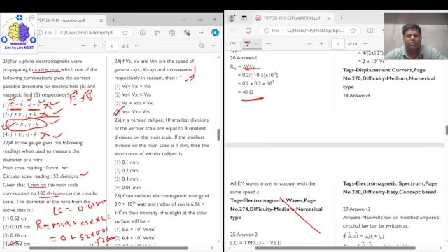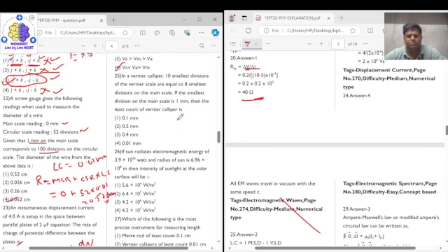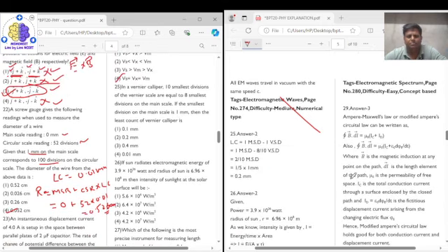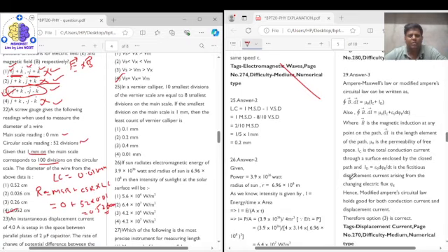Now coming to question number 25: in a vernier caliper, 10 smallest divisions of the vernier scale are equal to 8 smallest divisions of the main scale. If the smallest division of the main scale is 1 millimeter, then the least count of the vernier caliper is.